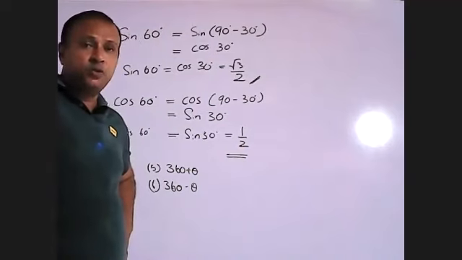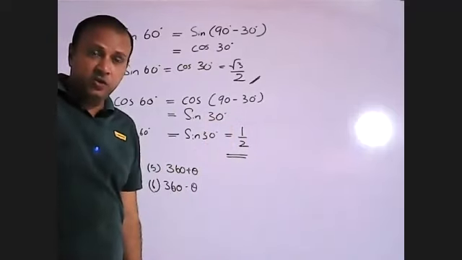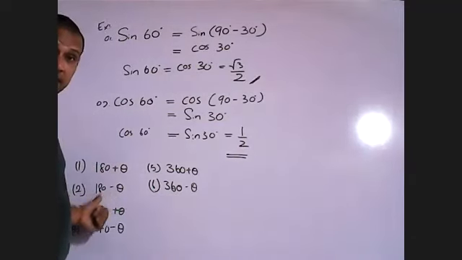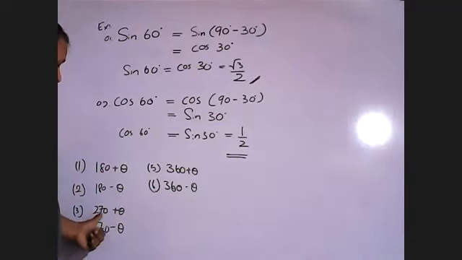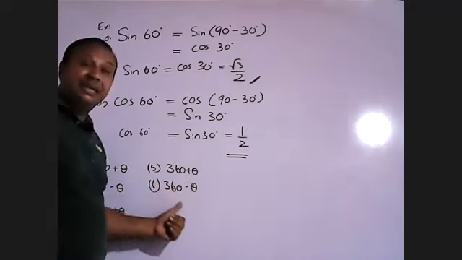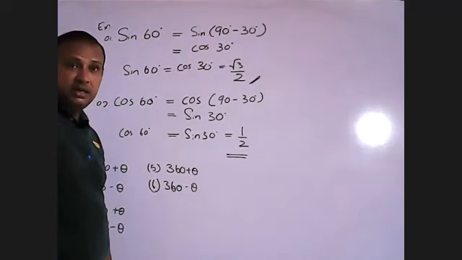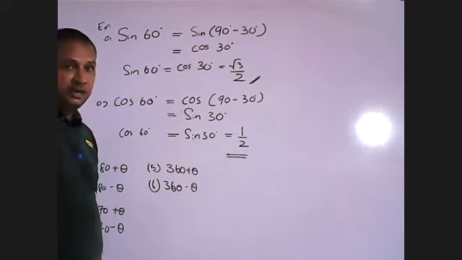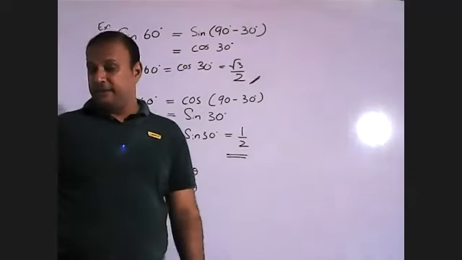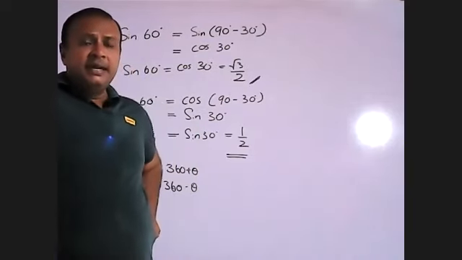After that, I asked them to derive the trigonometric ratios for other relationships: 180 plus theta, 180 minus theta, then 270 plus theta, 270 minus theta, then 360 plus theta and 360 minus theta. I have asked them to derive those relationships. All of them did this exercise and sent that to me.